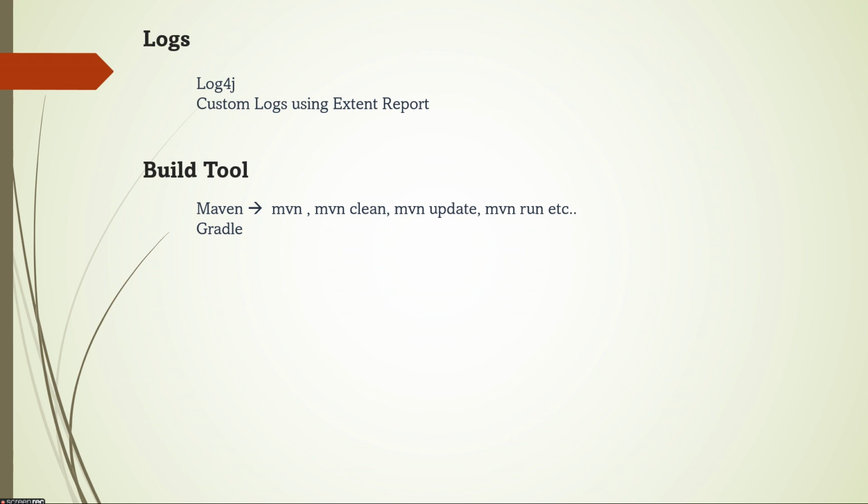We integrate our dependencies inside the pom.xml file. A Maven project contains a pom.xml file, and in the same way, Gradle has files with the .gradle extension. By running that file, all the dependencies are included into our test automation framework to run our test cases or test scripts.